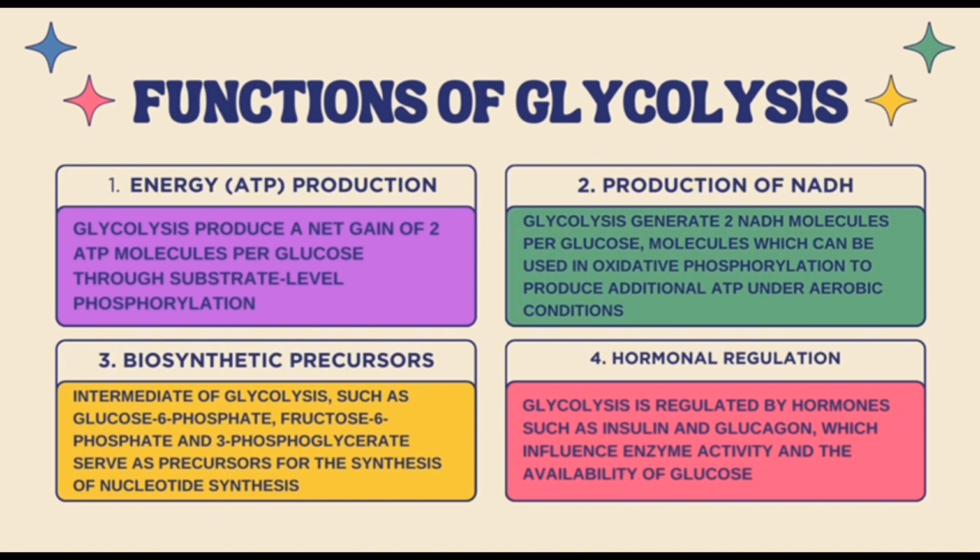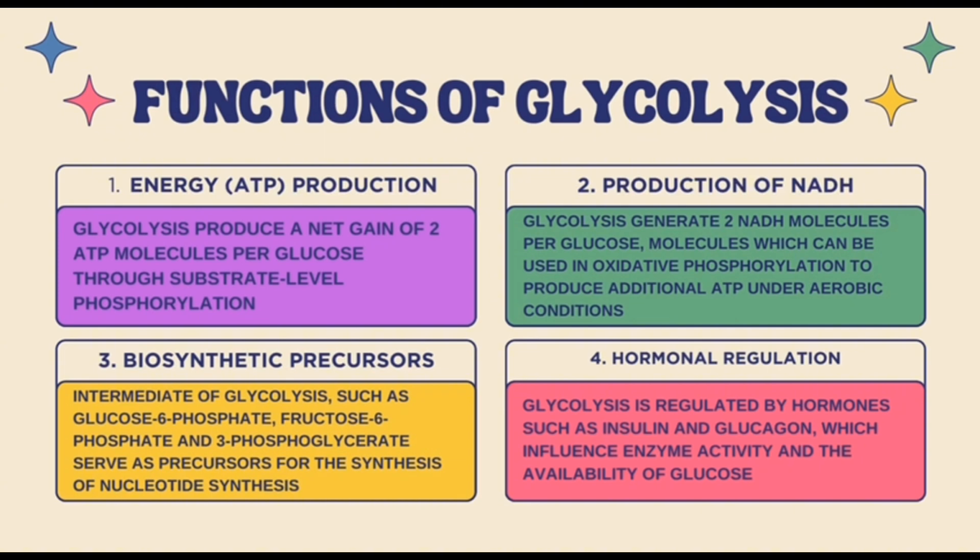The second function is production of NADH. Glycolysis generates 2 NADH molecules per glucose, which can be used in oxidative phosphorylation to produce additional ATP under aerobic conditions. The third function is biosynthetic precursors.